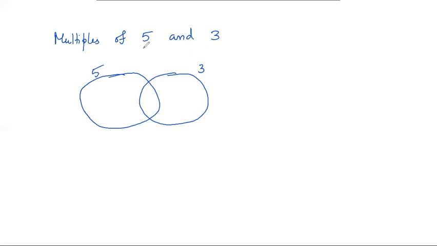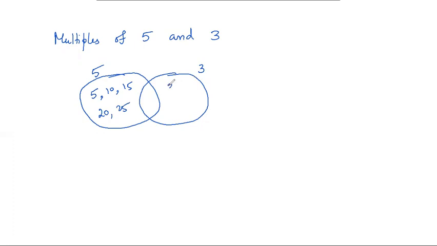What are the first 5 multiples of 5? Just now we wrote 5, 10, 15, right? Yes or no? So, multiples of 5 go as 5, 10, 15, then 20, 25.